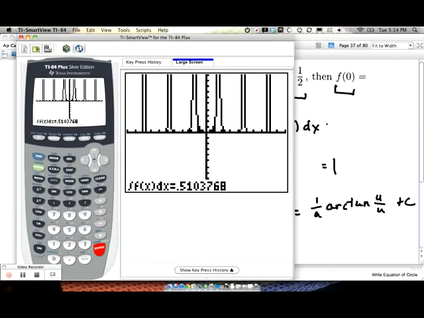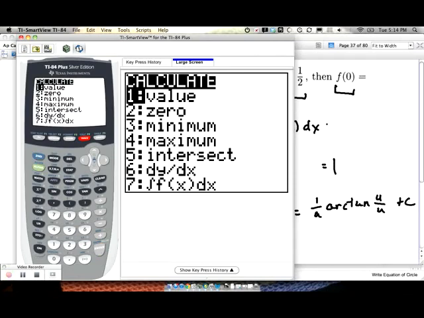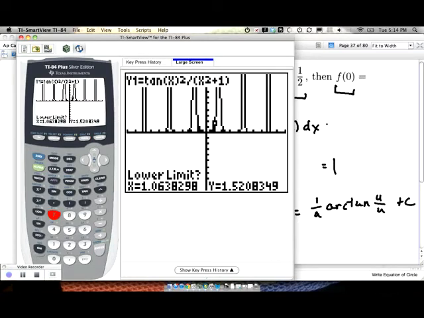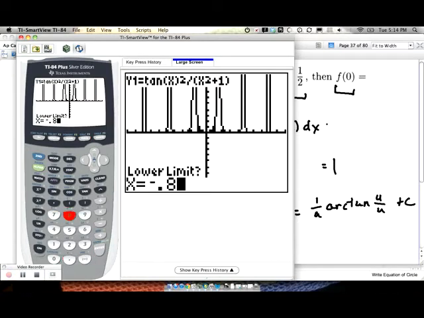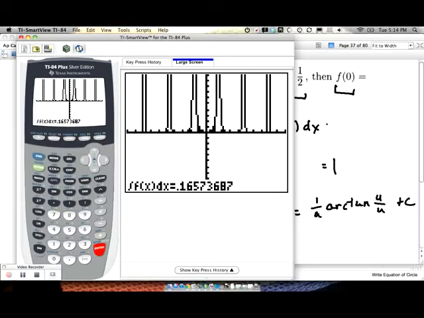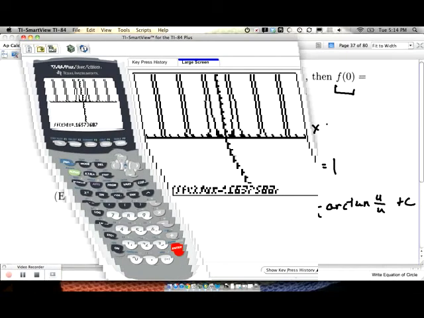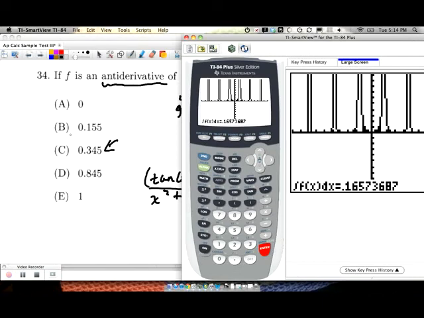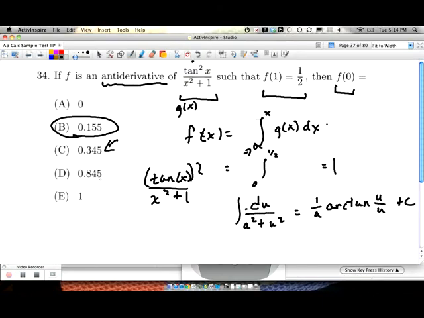So then I need to figure out what's the integral from -0.8 to 0. That's about 0.165. The closest thing that I would say to that is B. So that's the answer that I'm going to go with there.